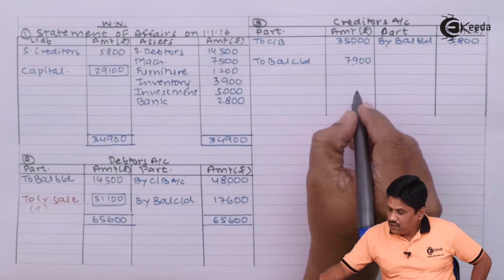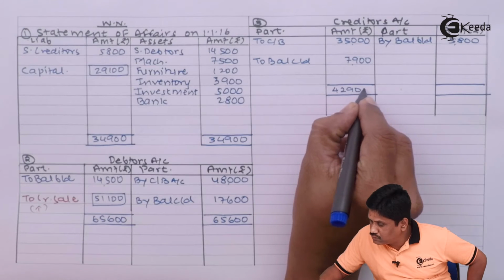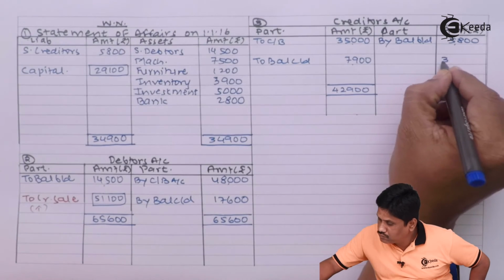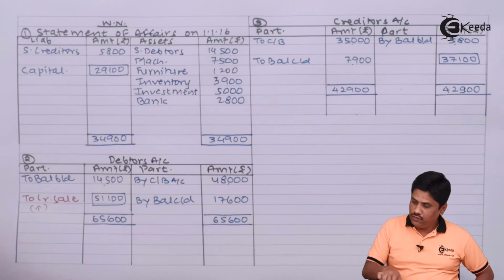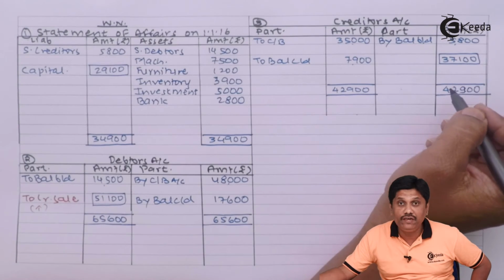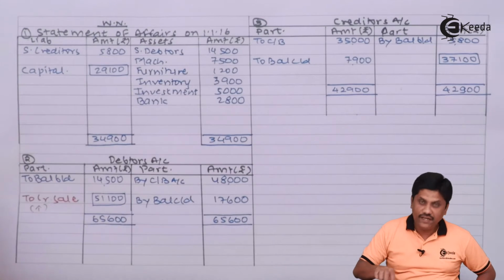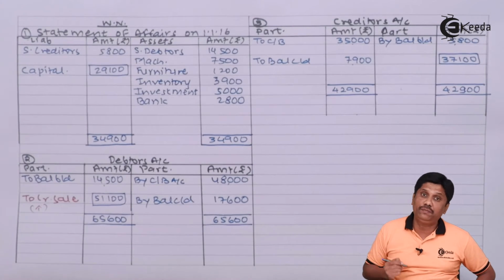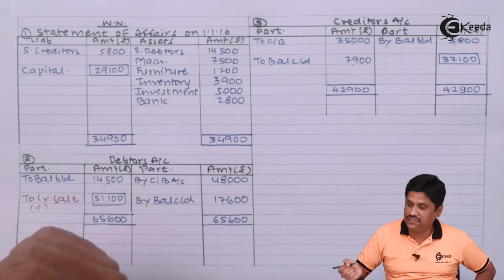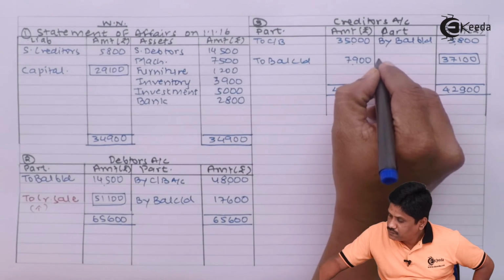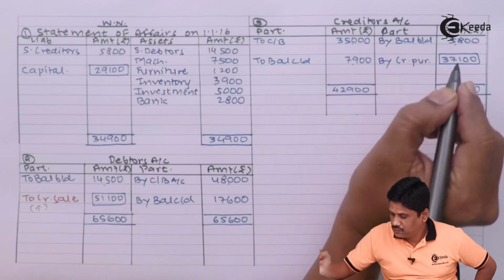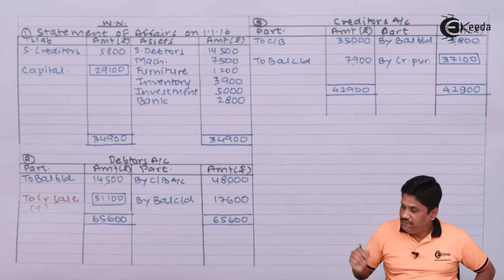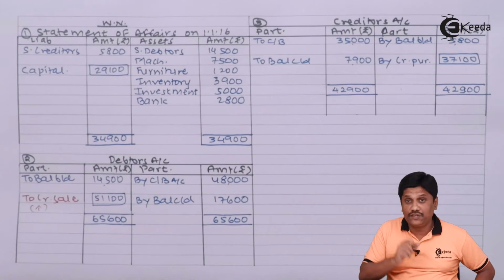Let's close creditors account. On credit side of creditors account, we got the balance. That means creditors have increased, it has gone up, and creditors can increase only when we do the credit purchases from them, which is very basic transaction with the creditors. These credit purchases I will debit to my trading account.